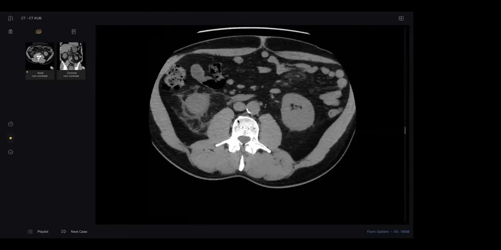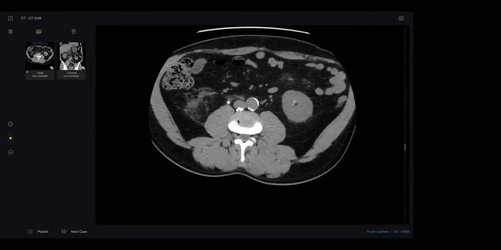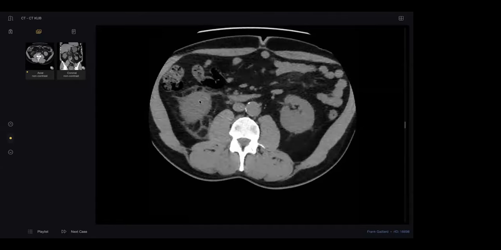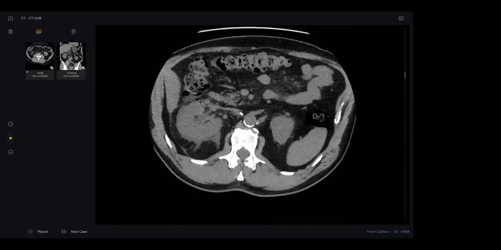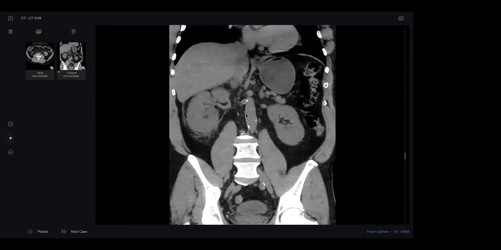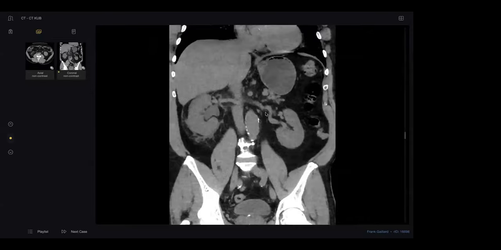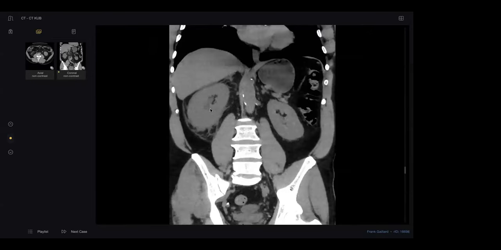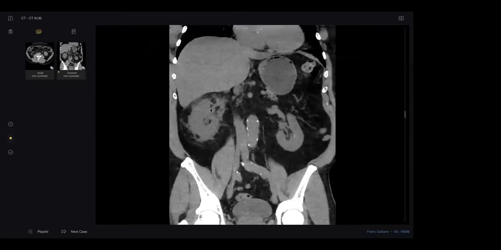Now, the stone, if you look very closely, it's actually here. This is a stone, okay? You can see that this is the left kidney, this is the right kidney, but the right kidney doesn't look normal here. Can you guys see the right kidney compared to the left? What do you guys notice between these two kidneys?